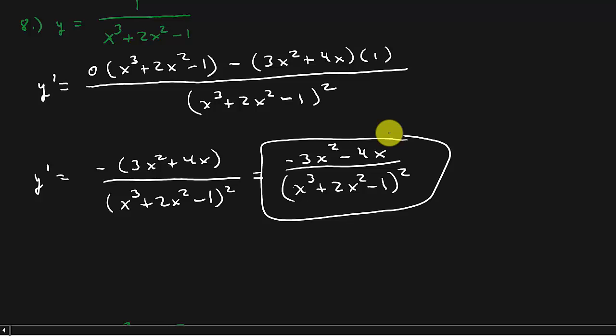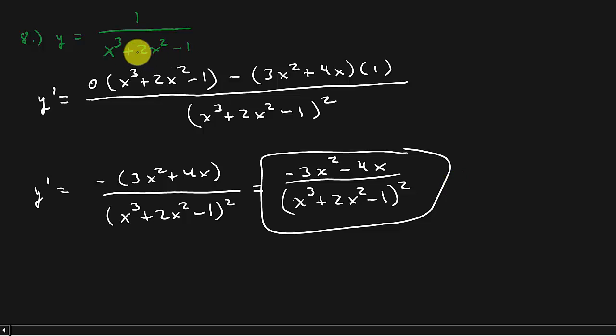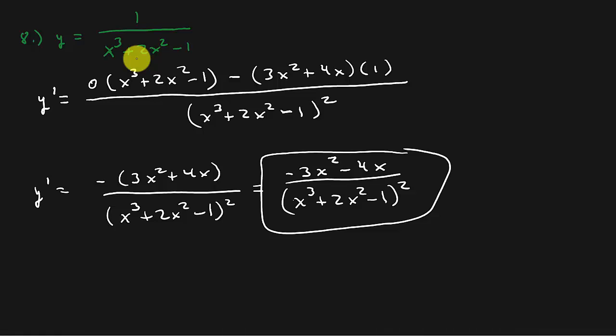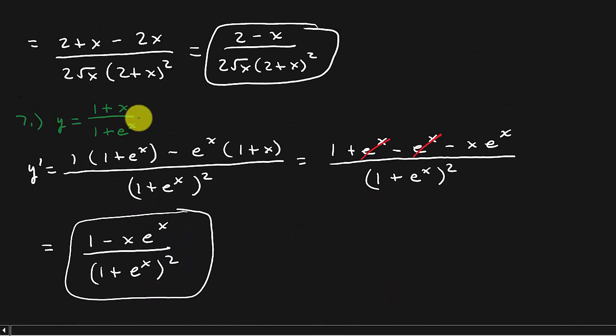Now, in another video, this problem right here, there's actually another way that you can do it that I guess you could say is a little easier. Maybe a little bit easier. You don't have to do the quotient rule on this one. And actually on this one, you don't have to do quotient rule either.